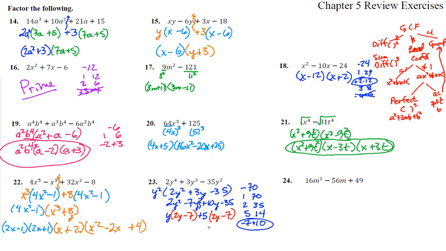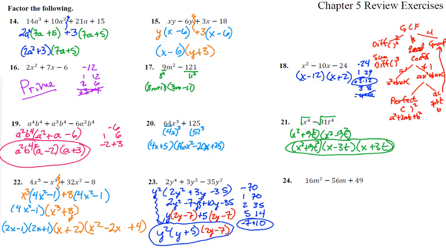So if we pull out that 2y minus 7, we're left with that y plus the 5 right there. Good. And then this y squared is still sitting out in front. It just dropped down there. Excellent.